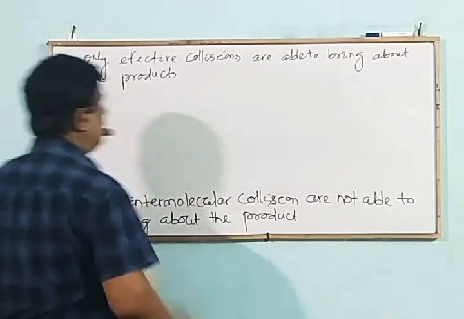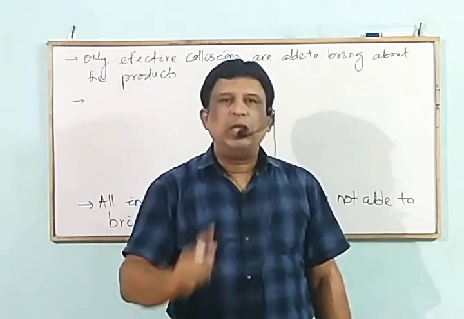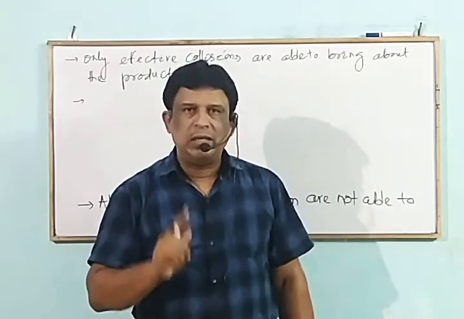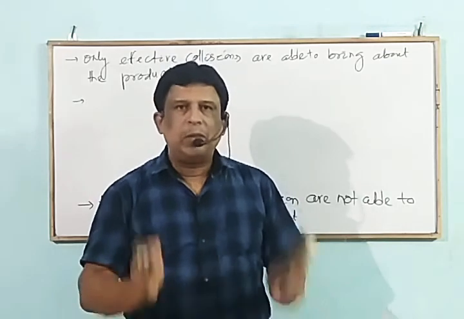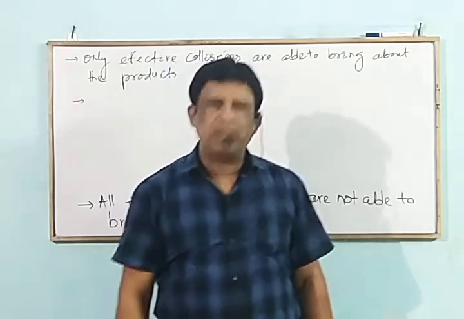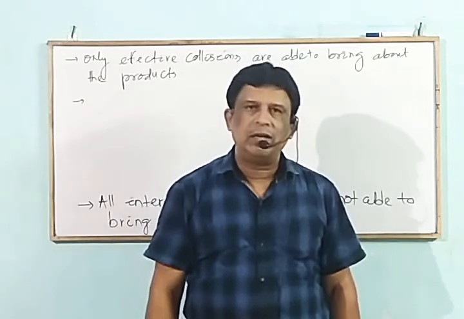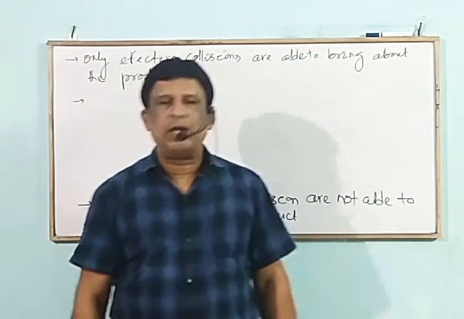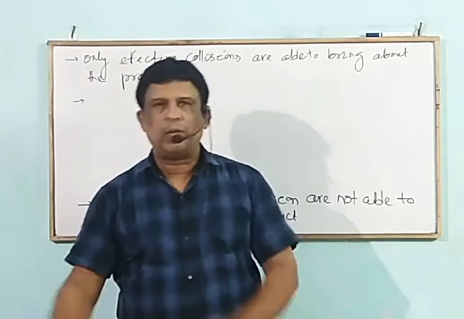Next point, what do you mean by effective collision? Effective collision is one in which reactant molecules possess a certain minimum value of energy, that is known as threshold energy. I repeat again. All collisions are not effective ones. Only effective collisions are able to bring about the product.